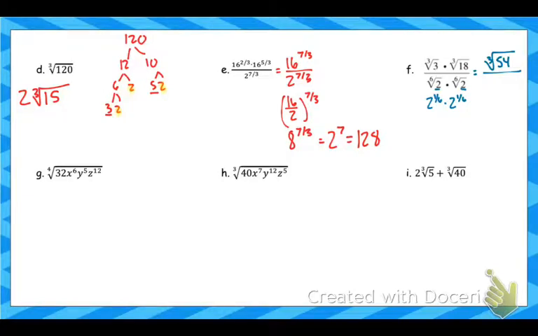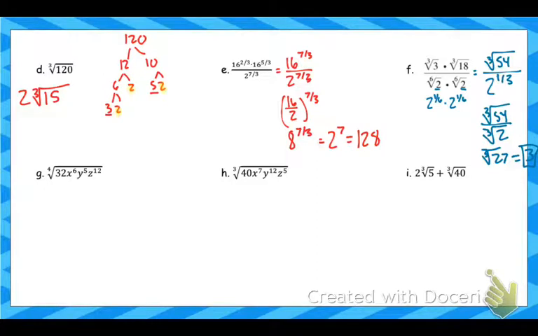So that becomes 2 to the 2/6. Well, 2/6, that reduces to 1/3. And 1/3, I can rewrite as the cube root. And if I have the same cube root, I can divide. So I get the cube root of 27, and the cube root of 27 is just 3.